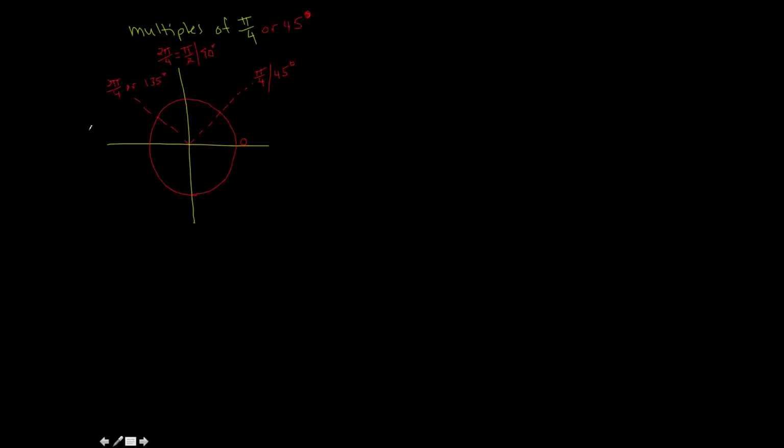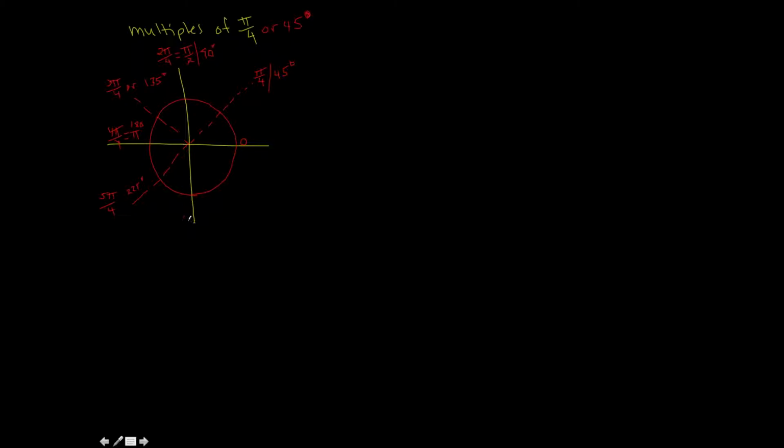Our fourth one would be 4 pi over 4, or just pi. We learned that a moment ago. Our next one would be 5 pi over 4, which is a multiple of 45 past 180 degrees, so this is just going to be 225 degrees.